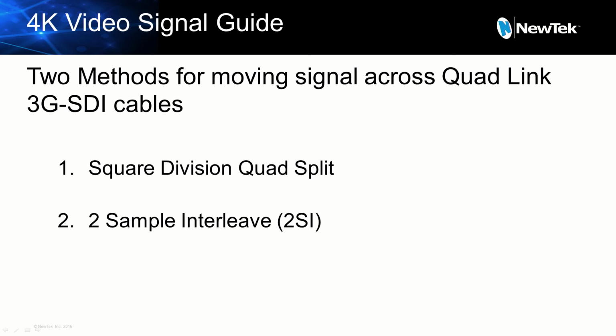The format that we use is the square division quad split. So this is what you want. This is predominantly the more common of the 2, and I believe that virtually any product that supports the 2-sample interleave probably also supports the square division as well. So it's just a matter of switching it to output that format from the system. So anyways, these are the two formats in there, but we want the first one.